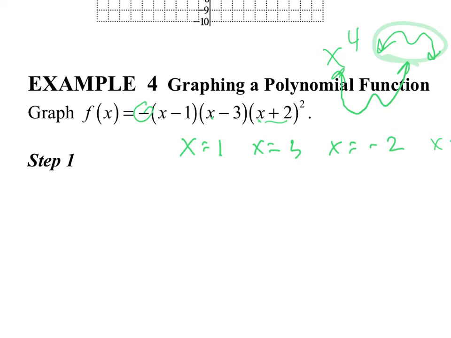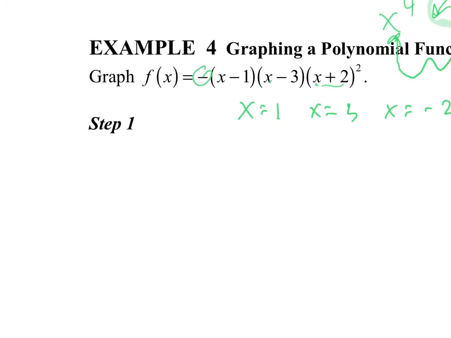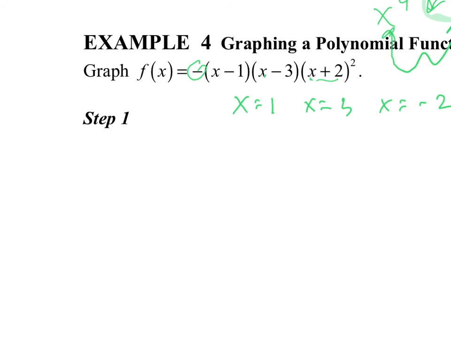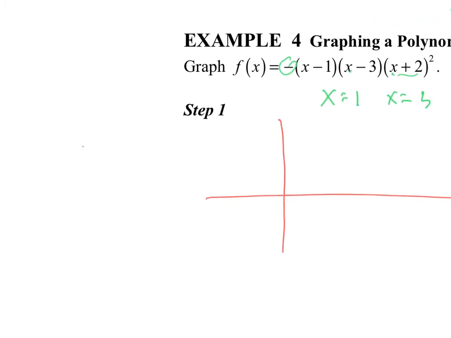Since there's a negative in front, it's going to open down. Okay? So my first step was the y-intercept. So y-intercept still is f of 0. It's going to be really simple to plug in a 0 for all these x's.